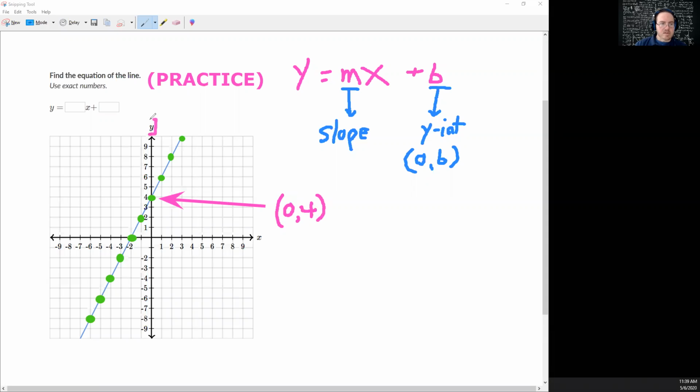All you have to do is see where the line connects to the y-axis. So that means that b is equal to 4. Now the next part we have to do a little bit of calculation.